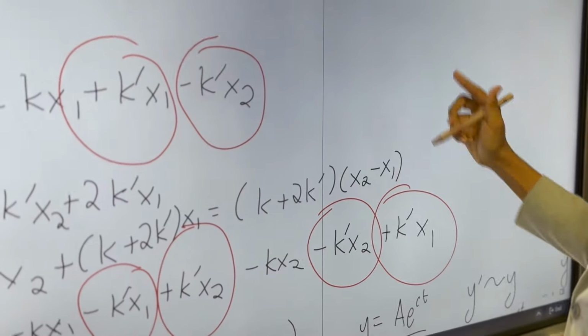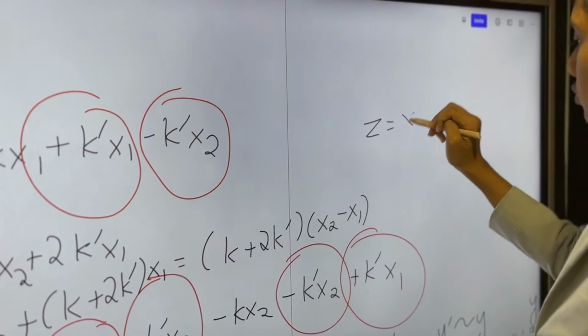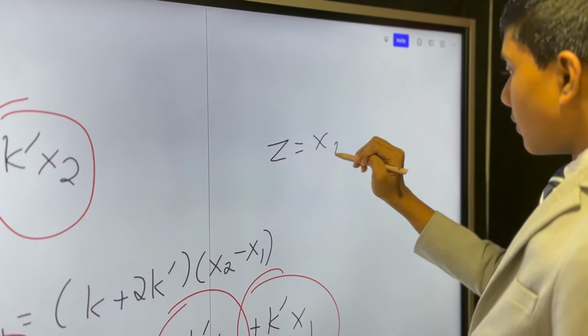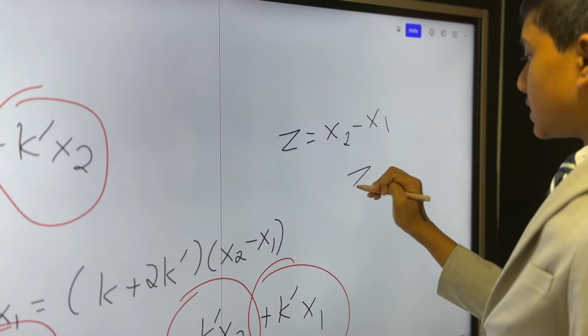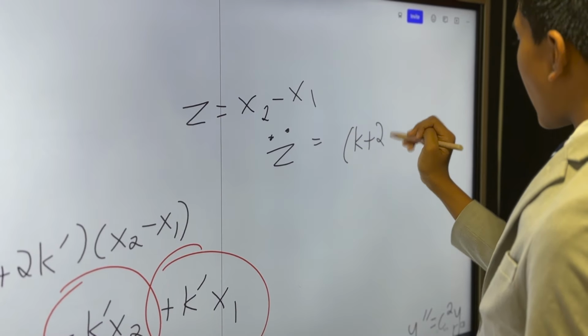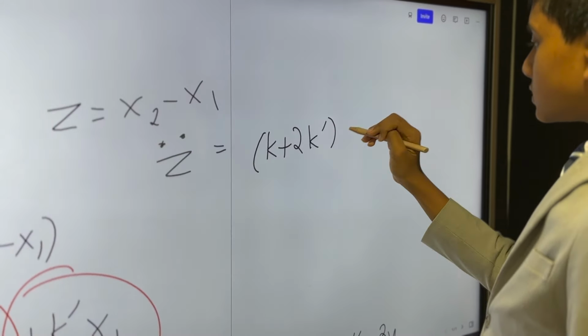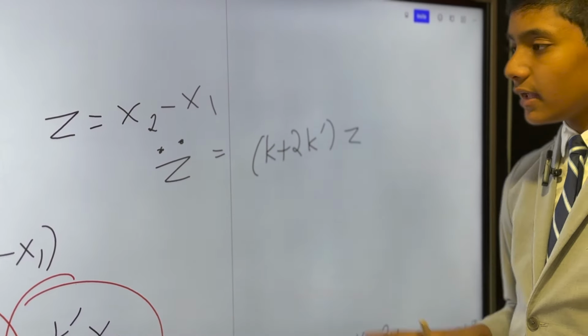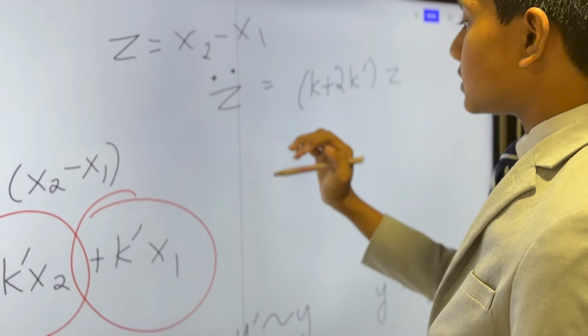So we now define a function z to be equal to x2 minus x1, which means that z double dot is equal to k plus 2k prime times z. So what do we get? Well, we plug in the whole trial solution again.